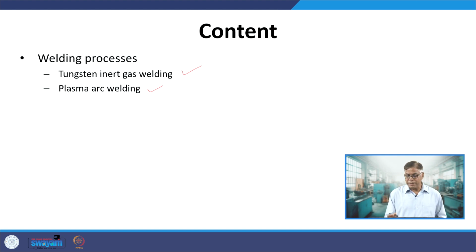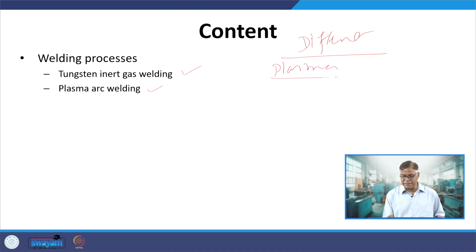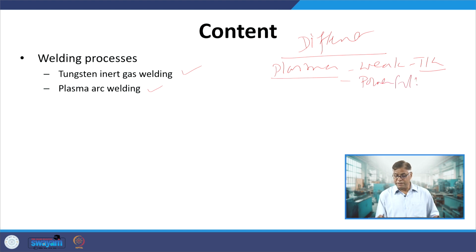Another similarity is that plasma is produced in both cases, but a very weak plasma is produced in TIG welding, and a very intense and powerful plasma is produced in the plasma arc welding process. So this is about the similarity part.